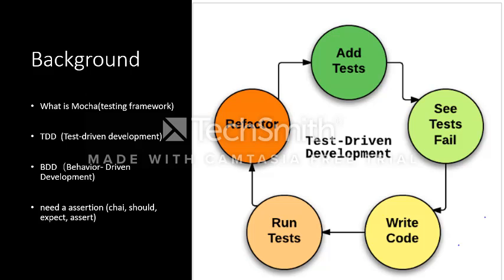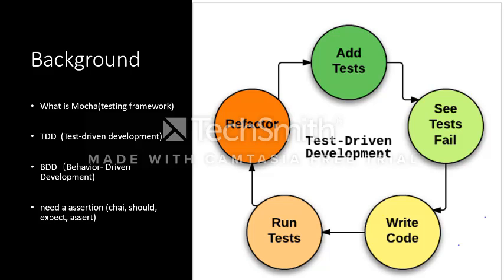So let's have a look. We compared Mocha with Chai and Jasmine. Mocha is a framework while Chai is an assertion library, and Jasmine is not a framework because it should be run in Karma.